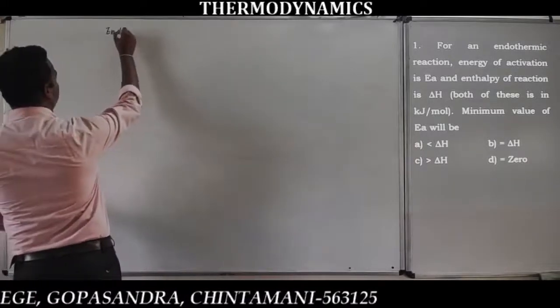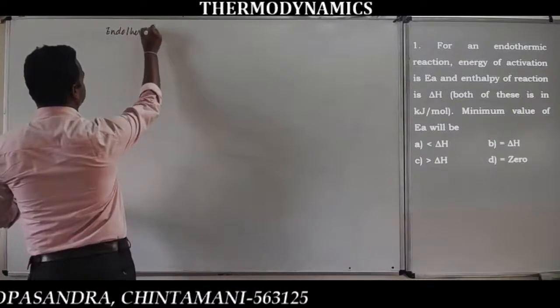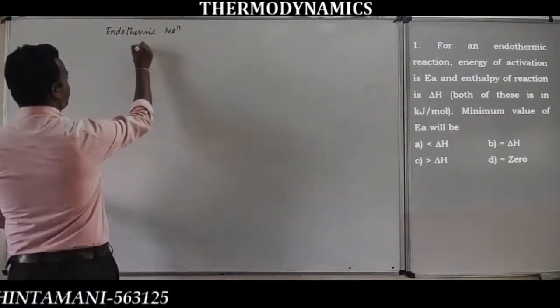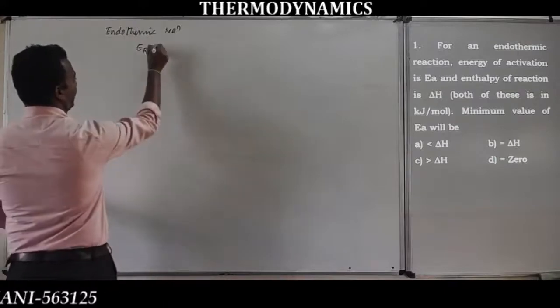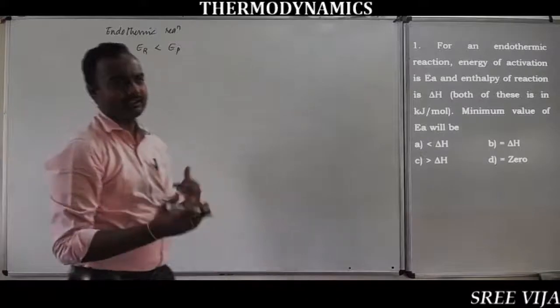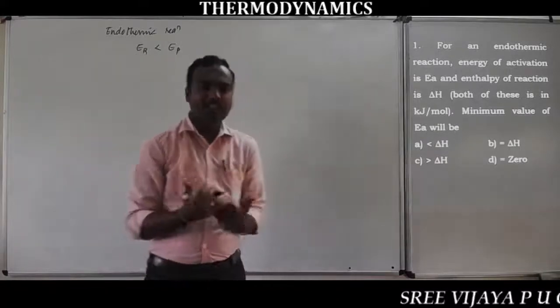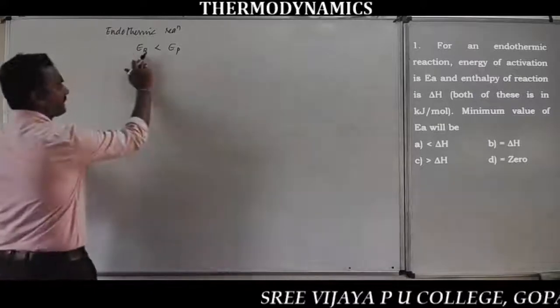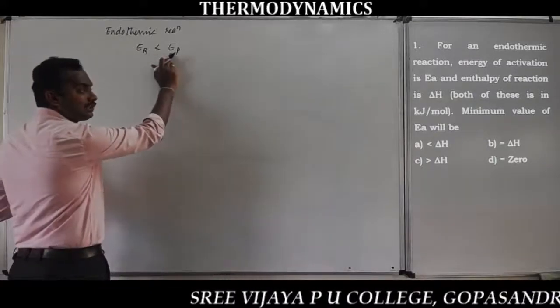In the case of an endothermic reaction, the energy of the reactant is less than the energy of the product. Endothermic means the reaction takes place by absorbing energy. So the energy of reactant is less than the energy of product.